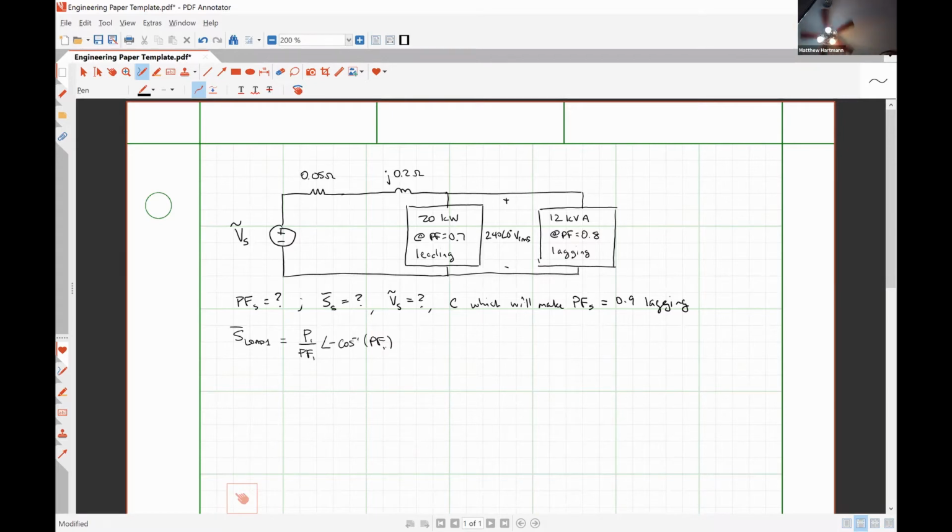And the reason that we have a negative sign is because we know that the power factor is supposed to be leading, and leading power factors only occur when the phase angle of the complex power is negative.